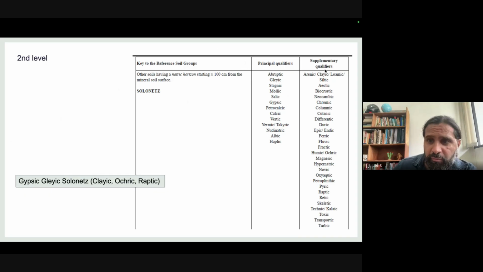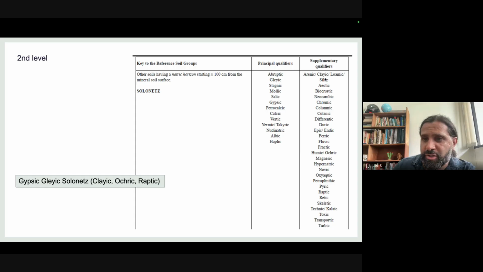The second rule that we need to follow is that the supplementary qualifiers are also described according to their importance, and you need to follow this order too, but you don't need to worry about the order because you just need to follow it. So we always, or at least in the majority of cases, start with the texture. So arenic, clayic, loamic, or siltic. And this slash means that you cannot use more than one, at least for the same horizon.